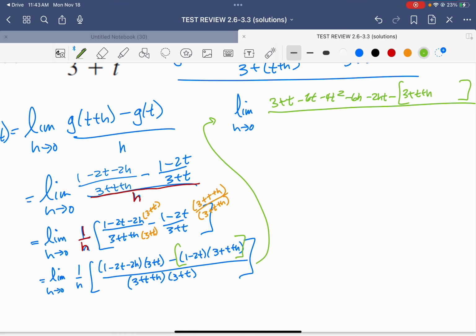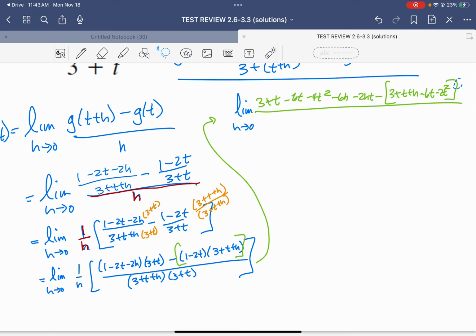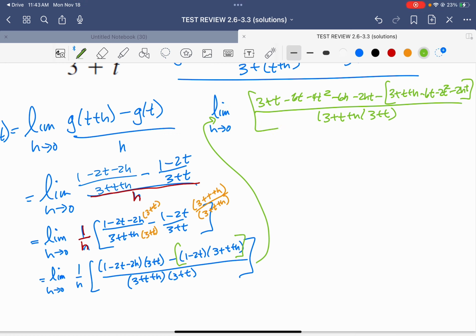So you're going to get negative 6t minus 2t squared, and then minus 2ht, all over our common denominator of 3 plus t plus h, 3 plus t. And don't forget, all of this stuff is multiplied by 1 over h.